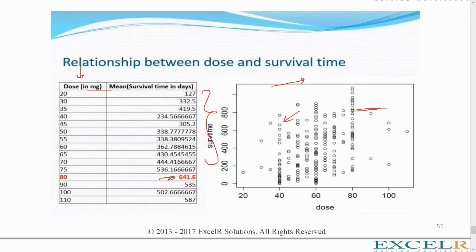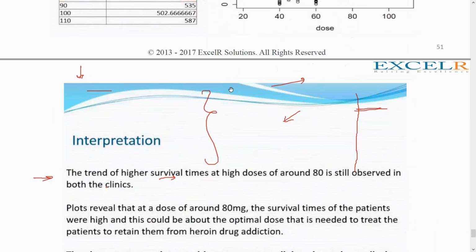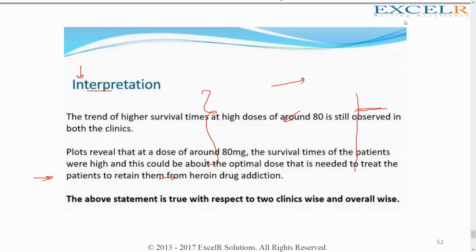If you observe, 80 mg is what is giving you the best result. This is where you get the maximum probability. So I can decide that I should be giving 80 mg as the drug, that is going to keep my patients free from the addiction.